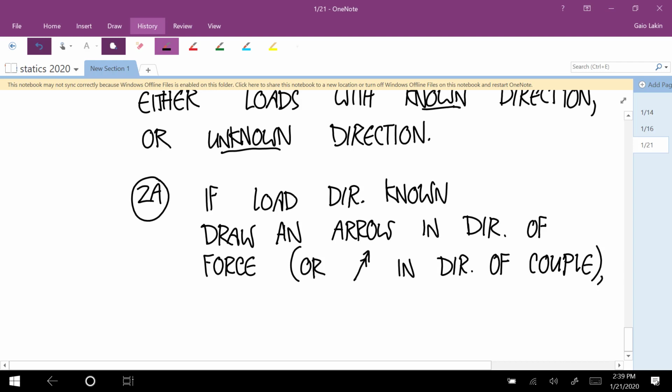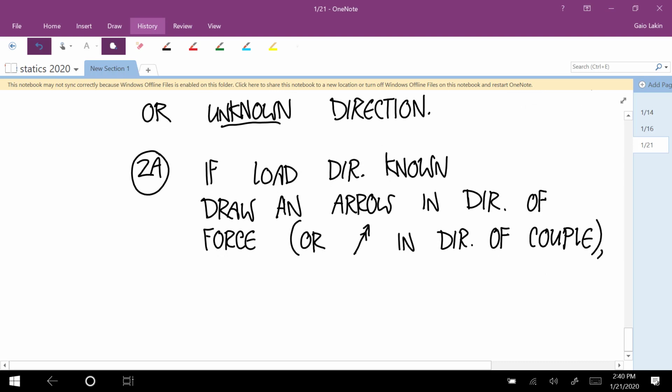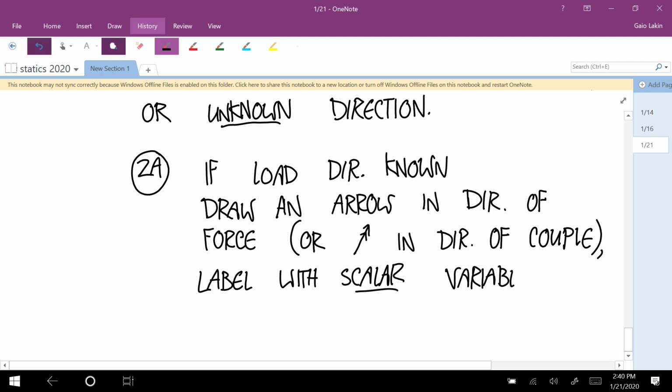And label this arrow with a scalar variable or value. What that is saying is you know the direction, and like that first example we did in class, we can come up with a unit vector, and that means we can represent that force vector with only one variable. Like that first example we did before I started talking about particle statics.